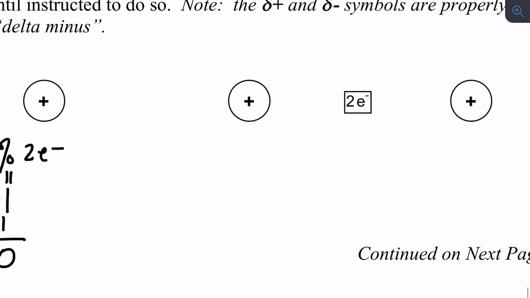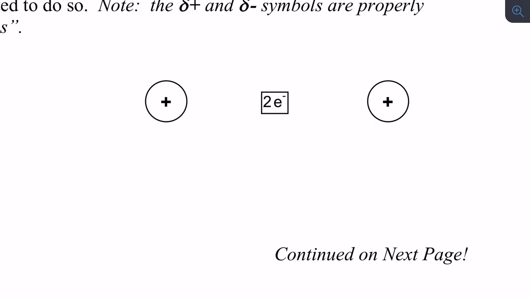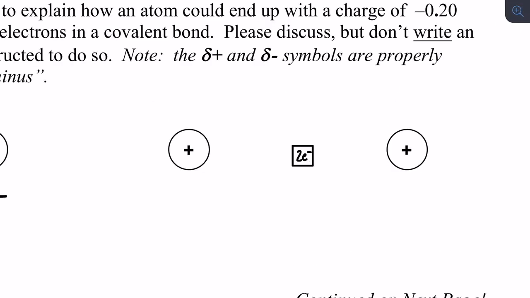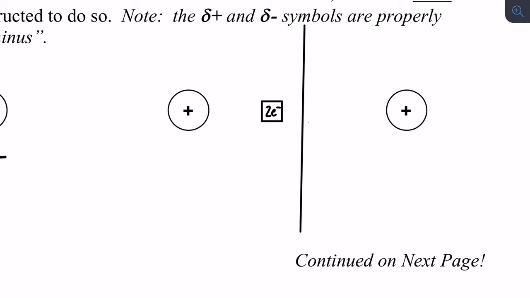Now, how do we get to this unequal sharing with this minus 0.2 charge? So we have our 2 electrons evenly in the middle here, but what if we were just to move it slightly towards one side, maybe there? Still kind of have our halfway point. So let's say, for instance, that on the left side over here, now it has about 60% of the electrons.